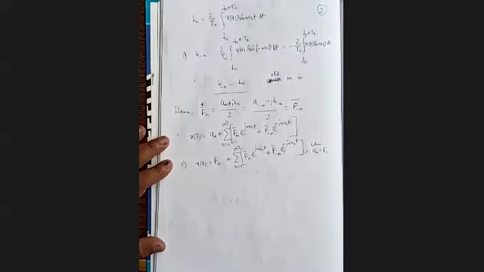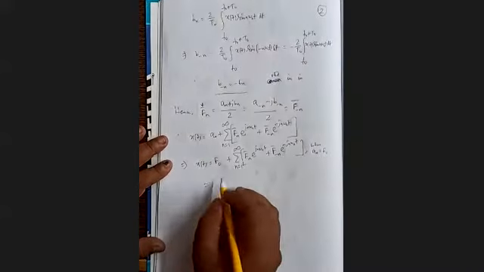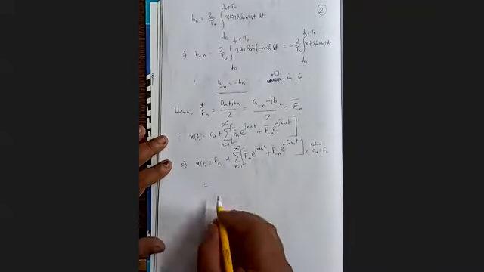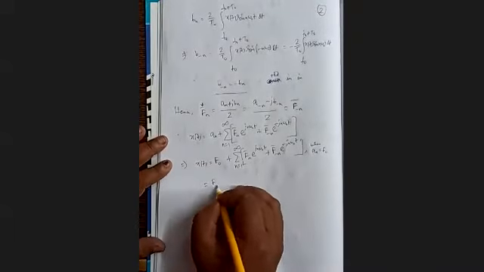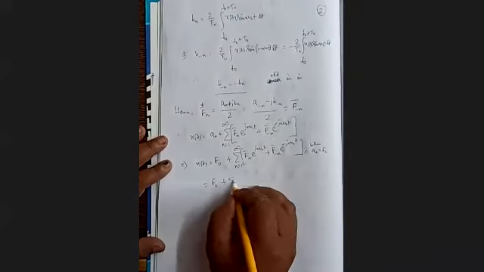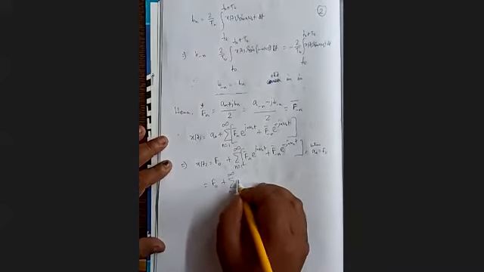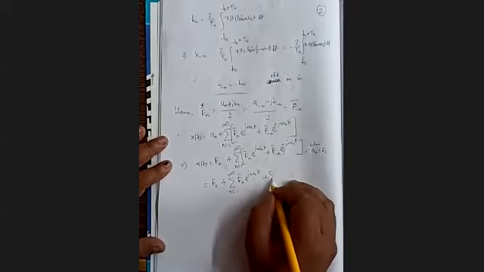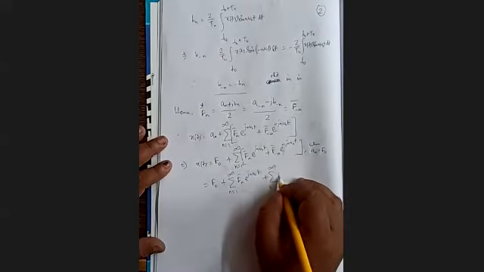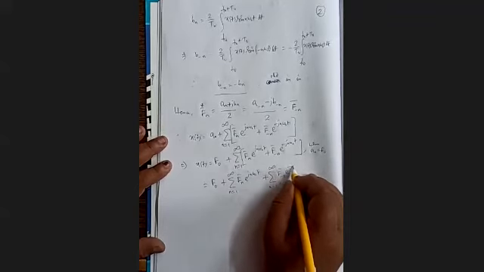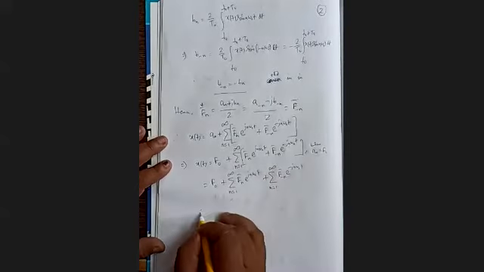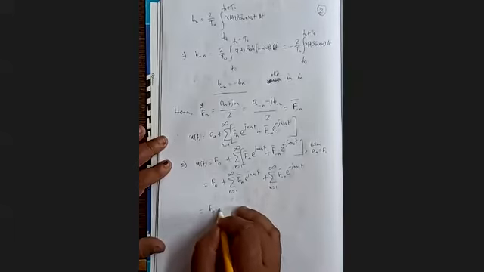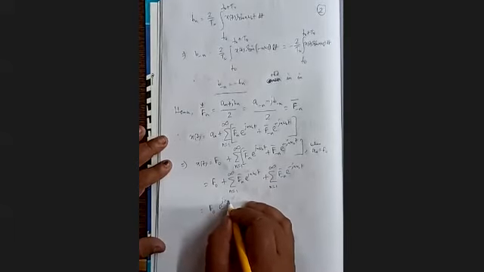Now what we do here, we can segregate it and write it as F0 plus summation n varying from 1 to infinity Fn bar e to the power j n omega 0 t, plus... or we can write it as F0 into e to the power j 0 omega 0 t.